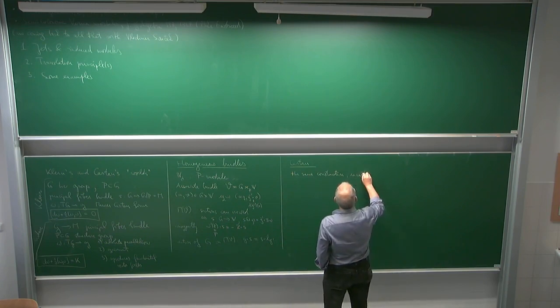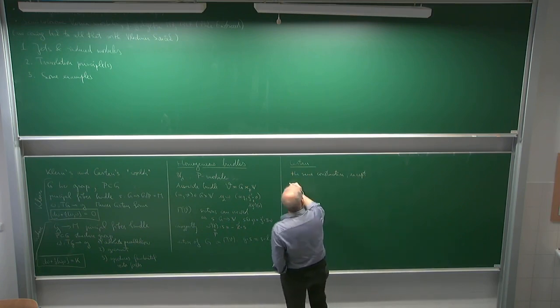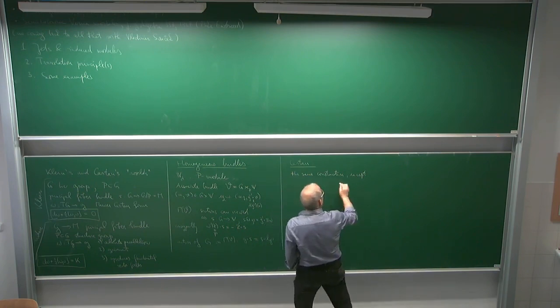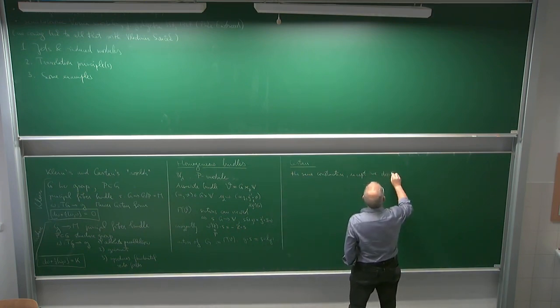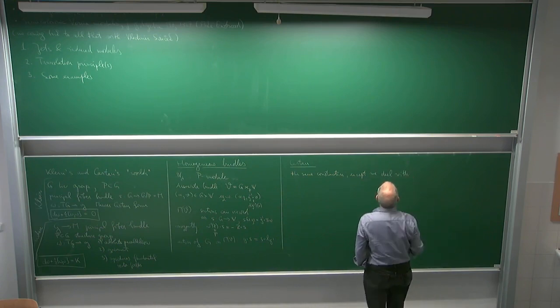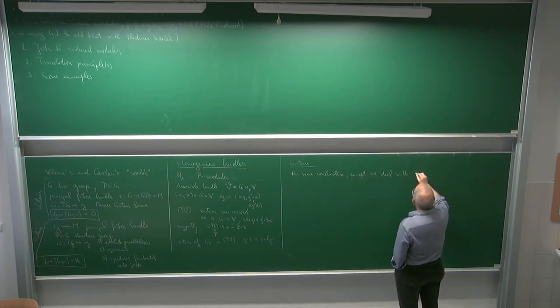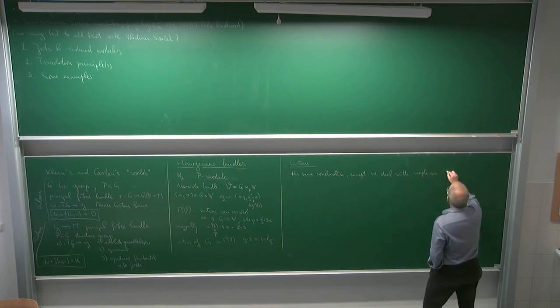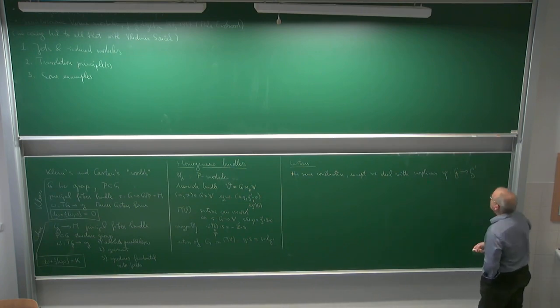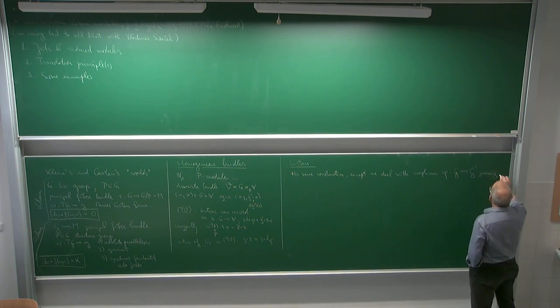Except we deal with morphisms going from G to G tilde, or G dash, say, preserving omega.